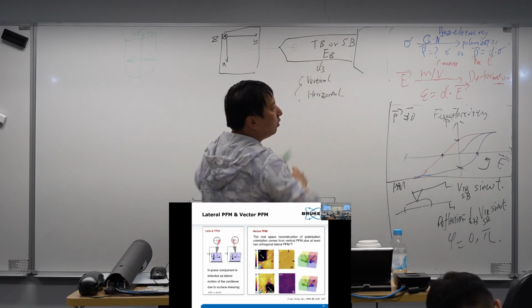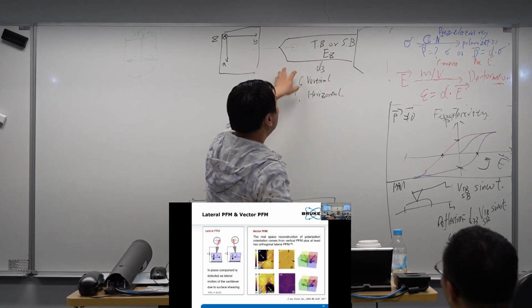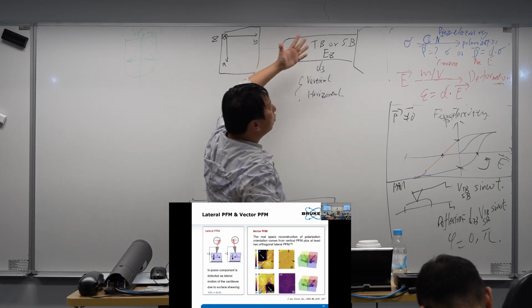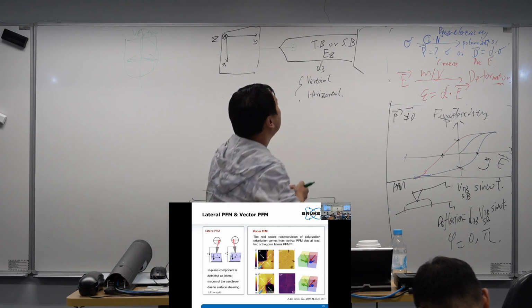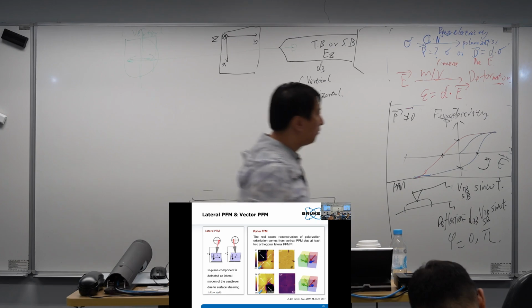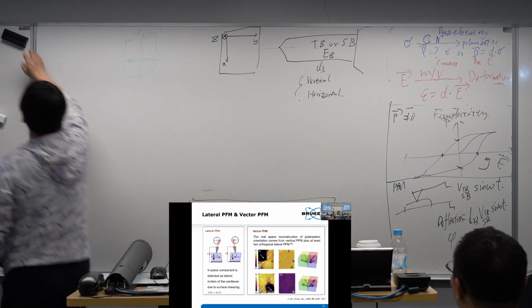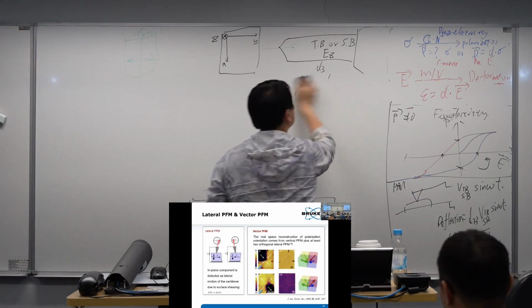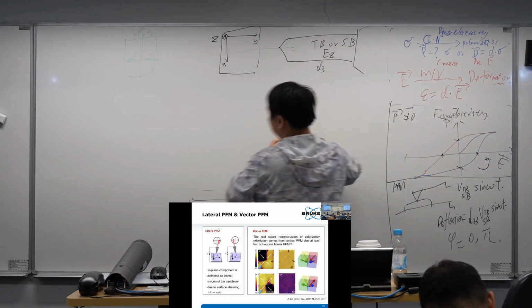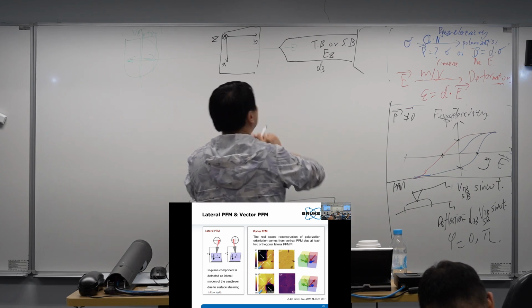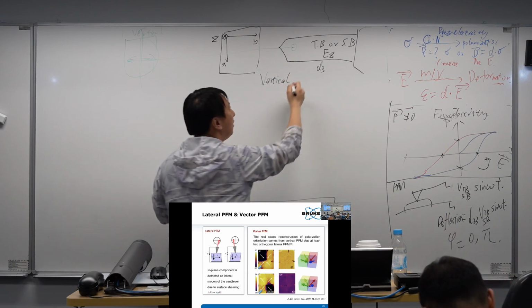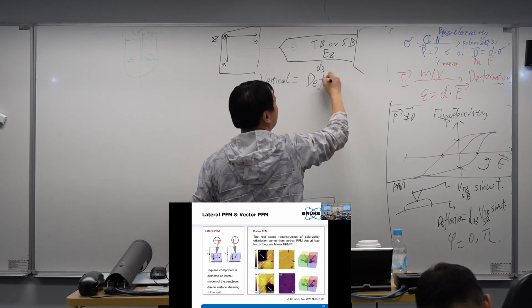We detect the torsion movement of our probes. So the vertical value represents the deflection.